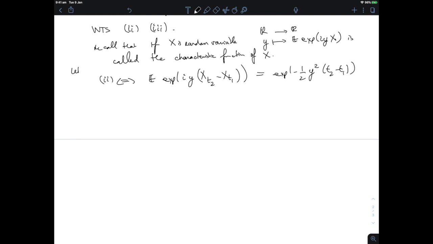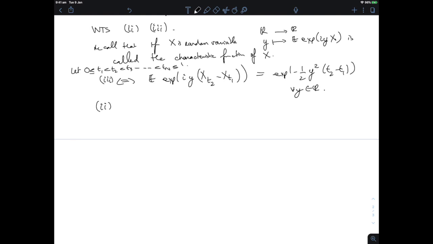So let's give ourselves time intervals to start with. Let t1 be smaller than t2, smaller than t3, up to some tn. And to show, sorry, that's not 2, that's 3, we need to show that the characteristic function of an increment is exactly the characteristic function of a Gaussian variable with mean 0 and variance t2 minus t1. That's one of the things we need to show.